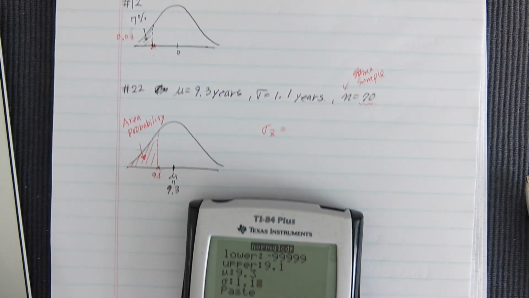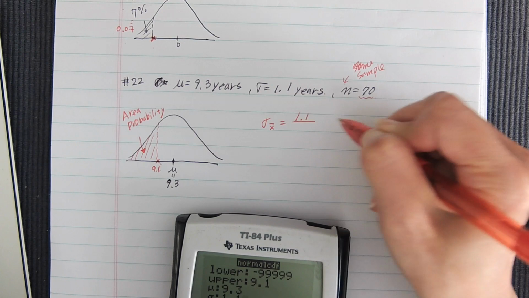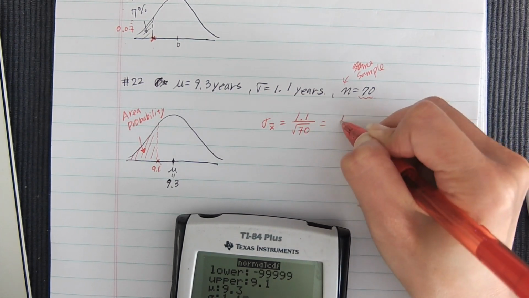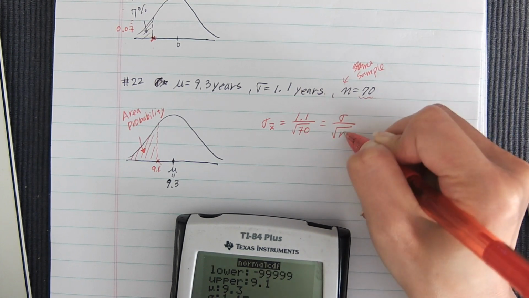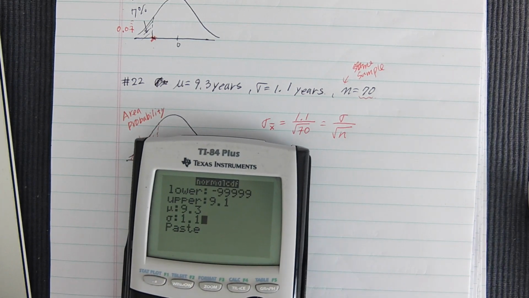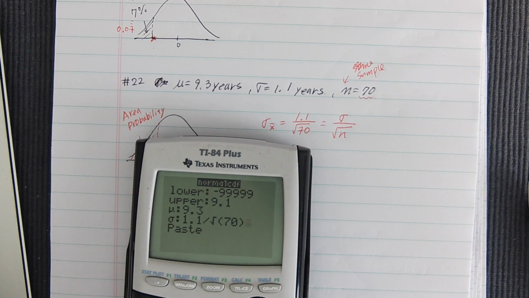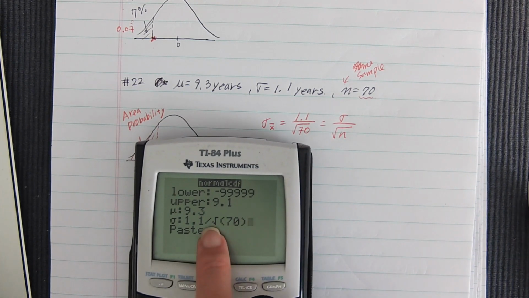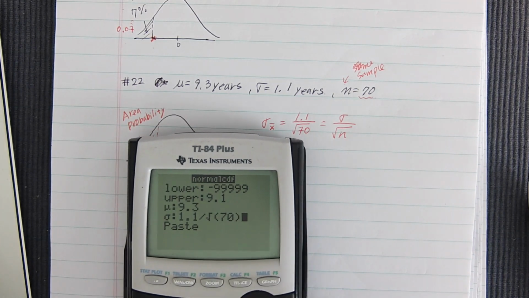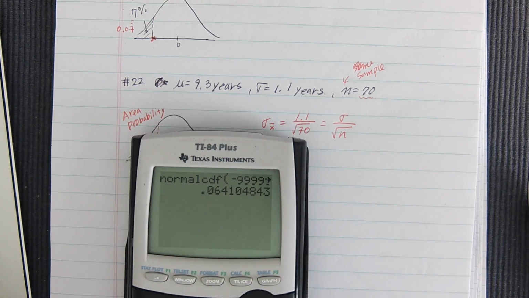So it's going to be 1.1 over the square root of 70, the formula being standard deviation divided by the square root of the sample size n. I have to type in 1.1 divided by square root of 70. Otherwise you never get the right answer. So make sure the standard deviation changes if you have a sample. Then you get the answer. So this is your final answer.